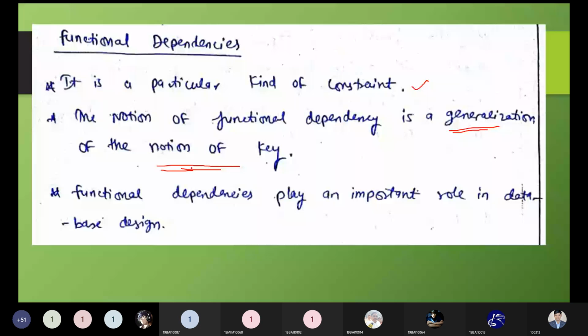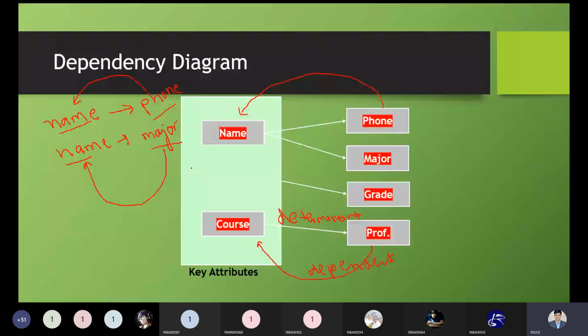Generalization and specialization we have already seen in the form of the is-a relation in the ER model. The is-a relation shows that one entity is a part of another entity. Similarly, generalization shows that one attribute is a part of another attribute.